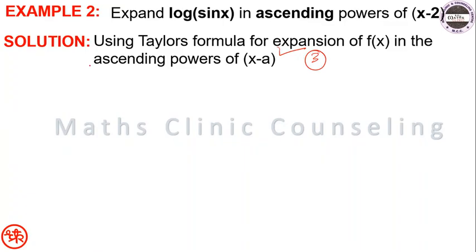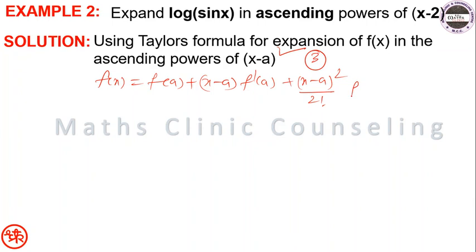What is that formula? f of x is equal to f of a plus (x minus a) into f dash of a plus (x minus a) whole square by 2 factorial f double dash of a and so on, and this is equation number 1. Is that clear?